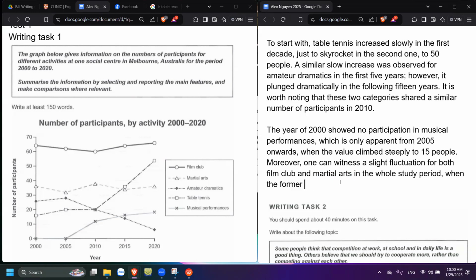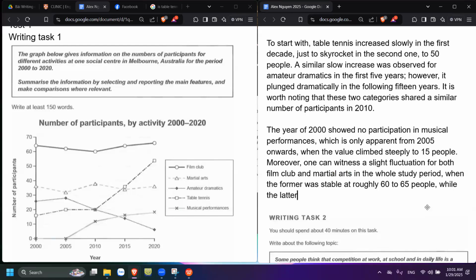When the former was stable, but ranging at roughly 60 to 65 people. Yeah.